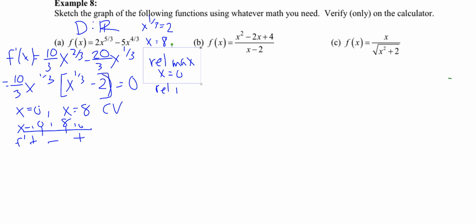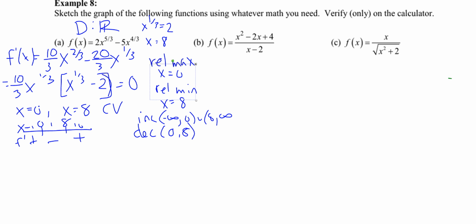I have a relative min at x equals 8. I'm increasing from negative infinity all the way to 0, and again from 8 to infinity. And then I'm decreasing from 0 to 8. So that's about all the first derivative can tell me.